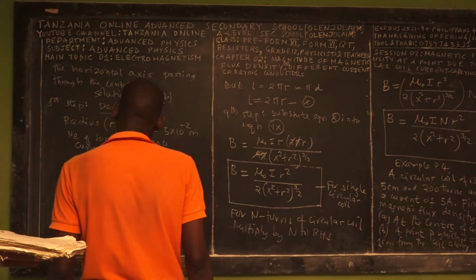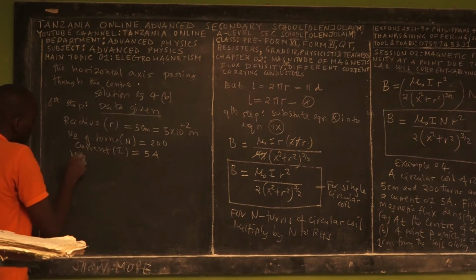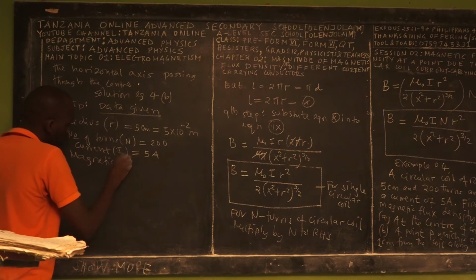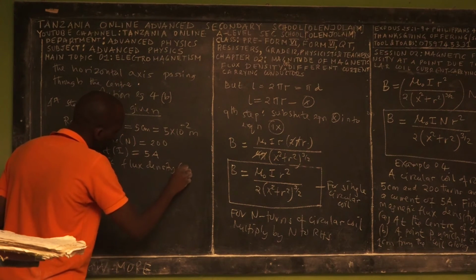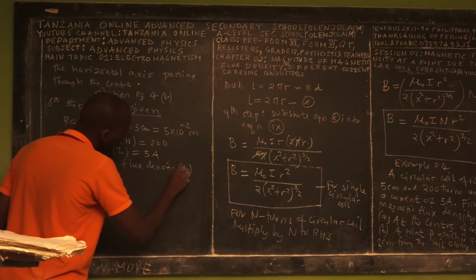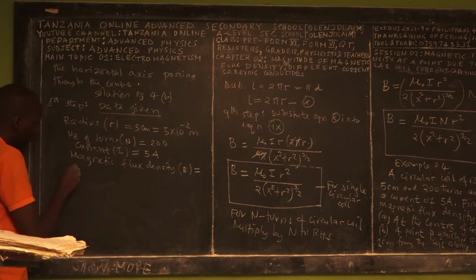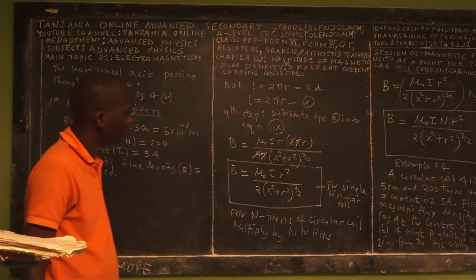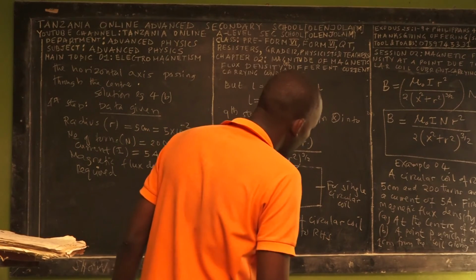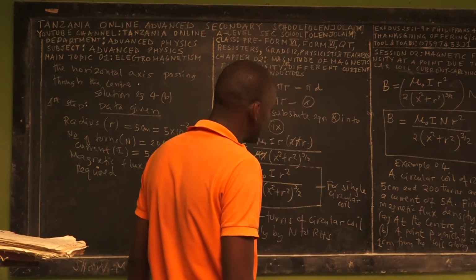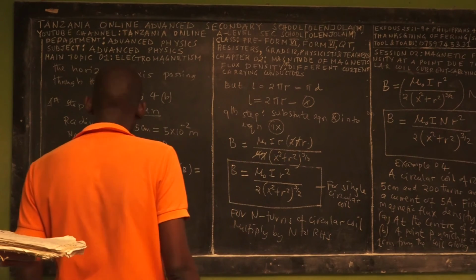Find the magnetic flux density. This is what is required. Then find the magnetic flux density at a point P, which is at distance 1 centimeter from the coil.